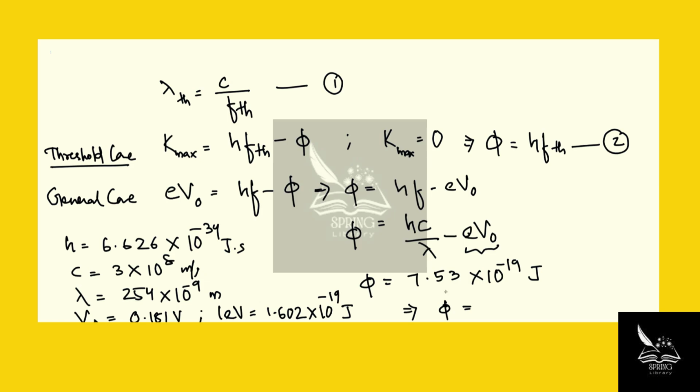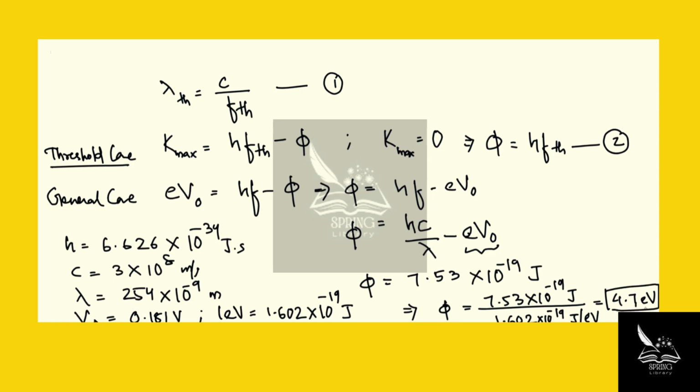We already have the conversion, so we just need to divide 7.53 by the conversion factor. This is in joules, and this is joules per electron volt, and that should give us phi in units of electron volts, and that is equal to 4.7 electron volts.